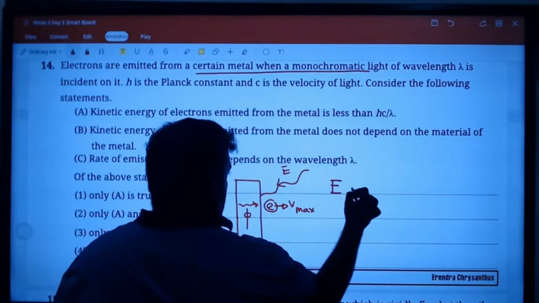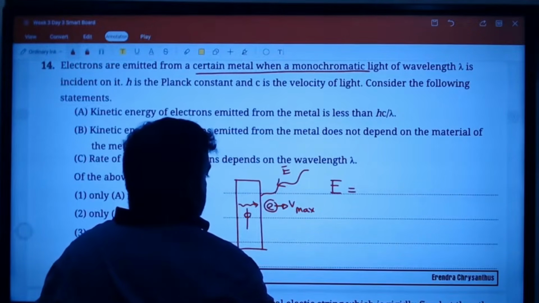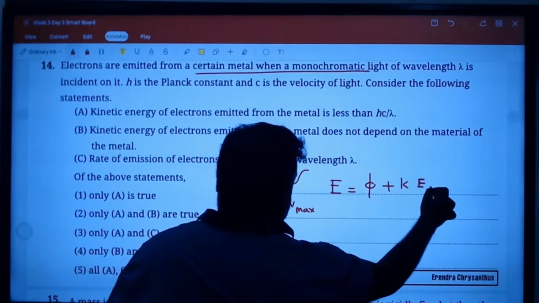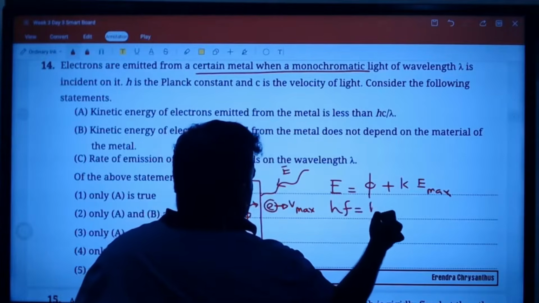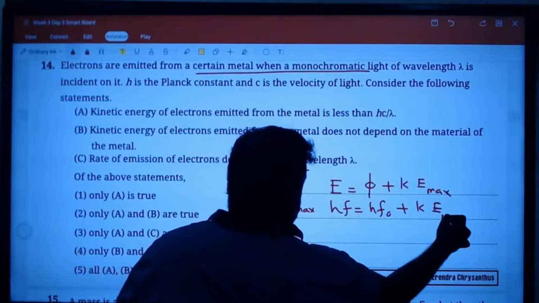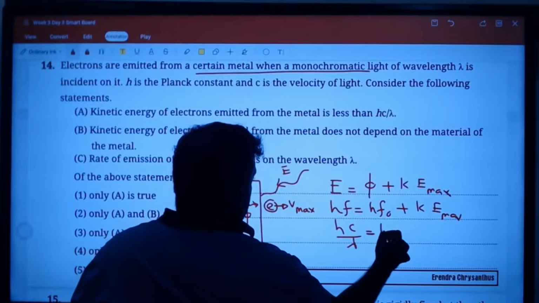So E, the incident energy, is equal to work function plus K max. So hf equals hf naught plus K max, where f naught is the threshold frequency, and f is equal to c over lambda.